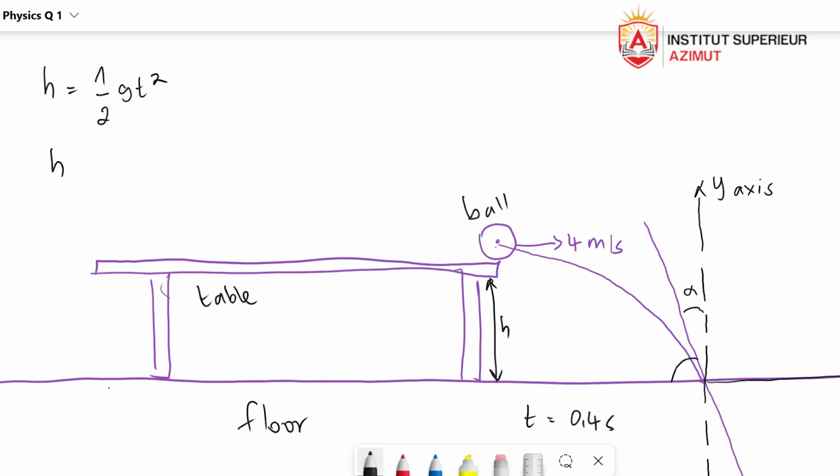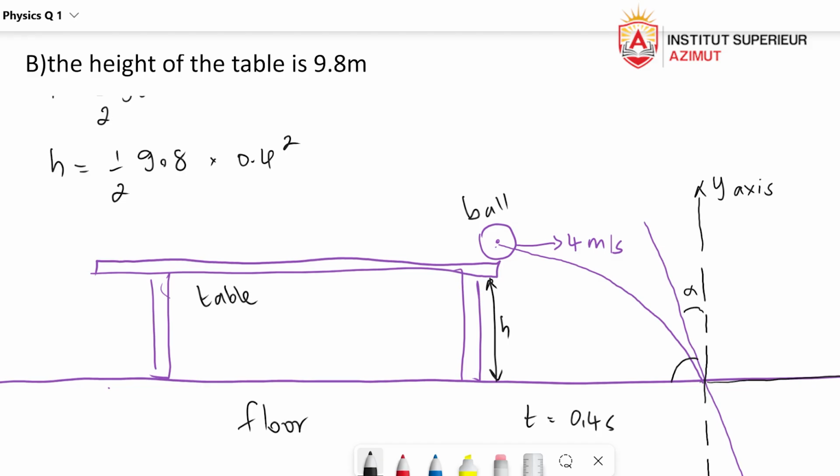So h is equal to half, g could be 9.8 when nothing is given, we just assume it's 9.8, and then t is 0.4, and we square that. Now for this to give you 9.8, 0.4 squared has to give you 2. So 0.4 squared is clearly not 2. That is why B is not correct.